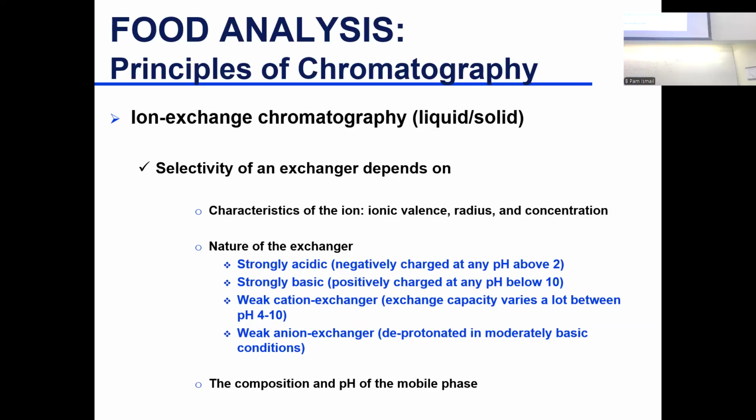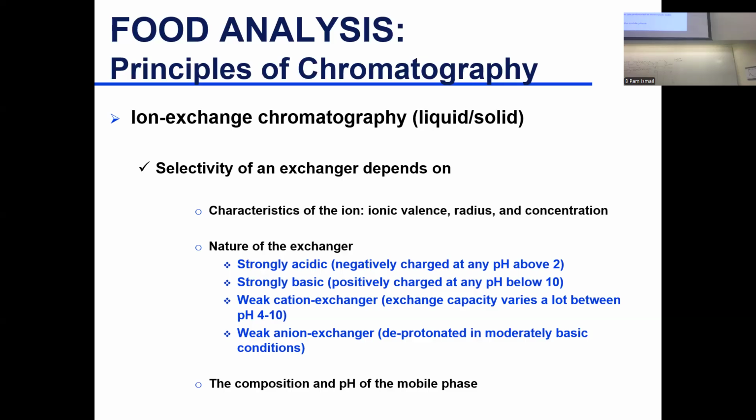So let's say you have an interest in molecules that are positively charged. And in the mixture, you have negatively charged molecules. You don't care about those. I want these, and you don't want to separate those. You just want them to come out.